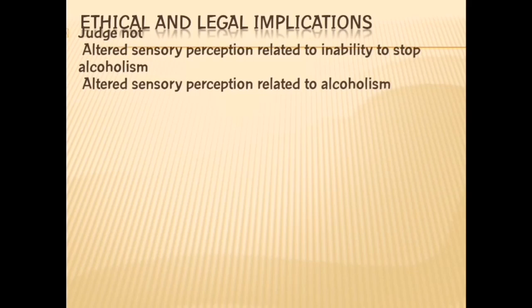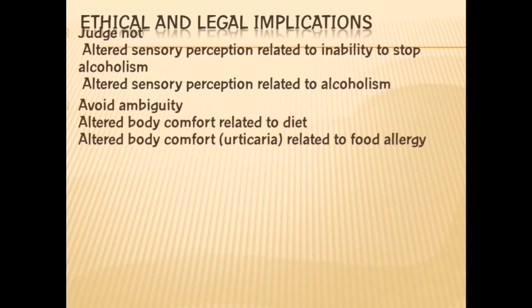They are all altered sensory perception, but one is related to inability to stop alcoholism and one related to alcoholism. Then ambiguity. Someone may say altered body comfort related to diet. But somebody may also write altered body comfort, urticaria, related to food allergy. Which one is right? Which one should we pick? Be thinking.